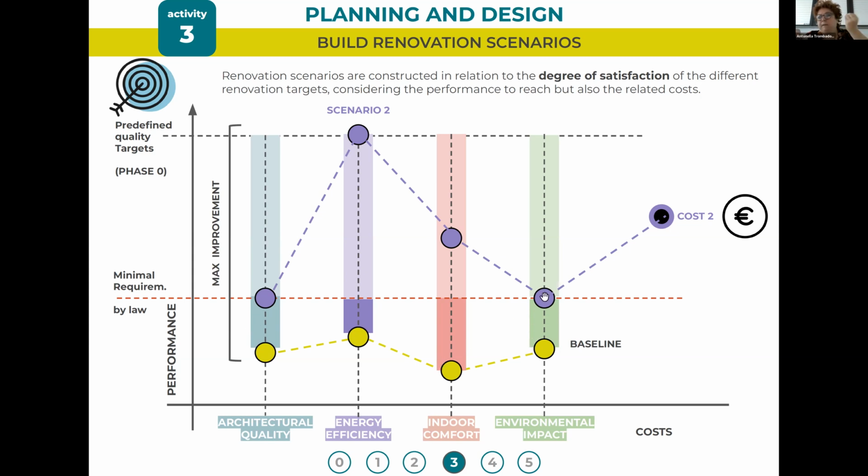Also, the environmental impact may change very little. So with cost 2, we have no indirect impact on the whole building. So the meaning is that we need to spend, but only to reach some requirement and to implement some specific target, okay?